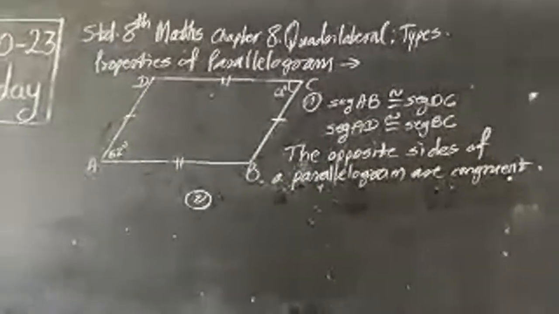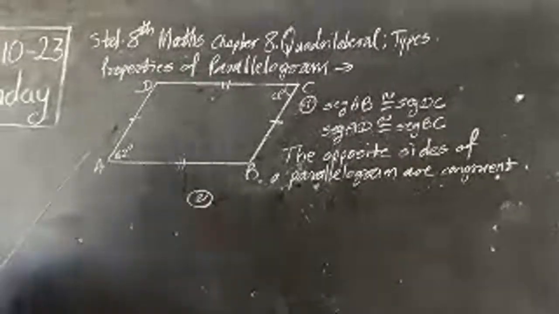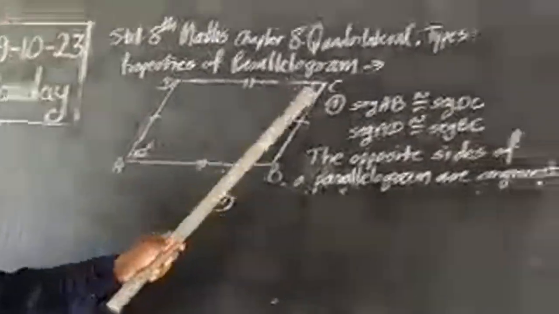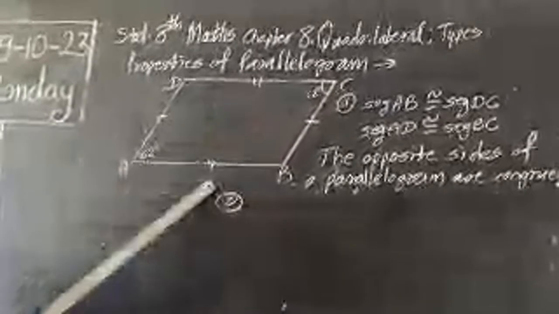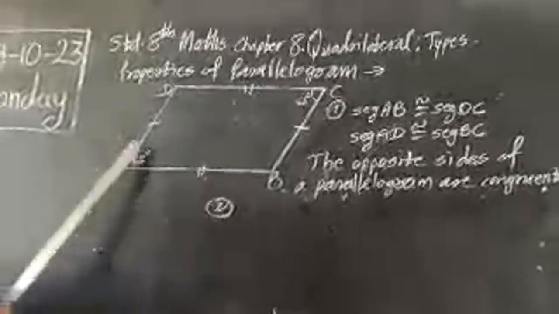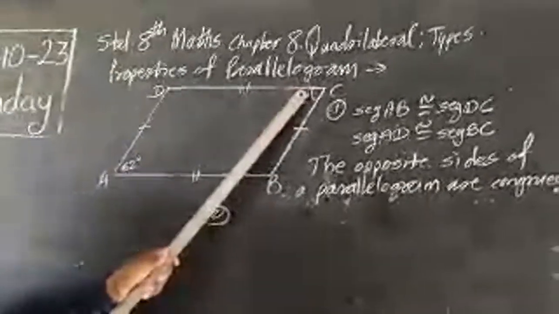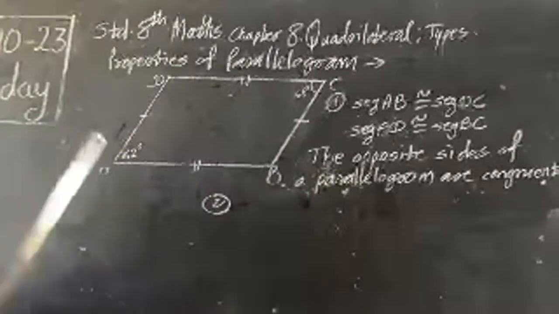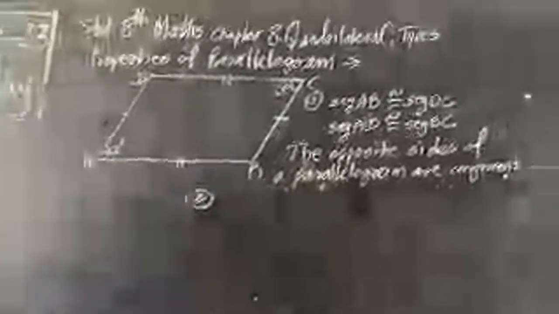Then these are which type of angles for a quadrilateral? Yes, these are opposite angles. What do we write as a conclusion?